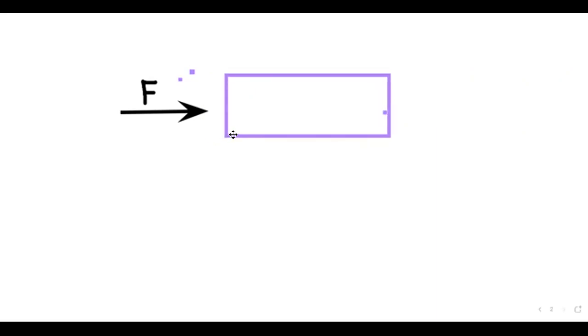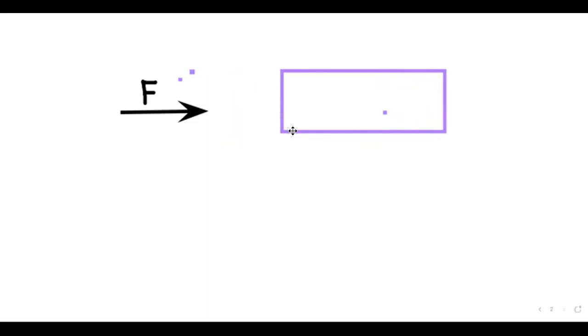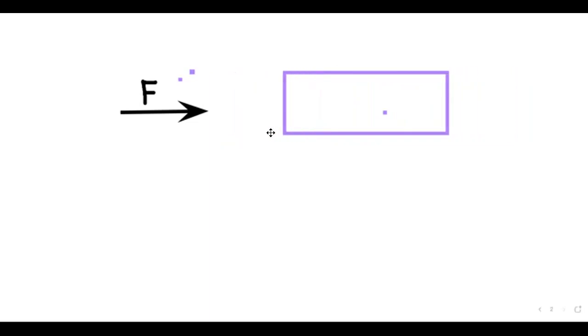When force is applied on it, there is a change in velocity of the object. When velocity changes, we know that change in velocity with time is called acceleration. So we can say when force is applied on it, acceleration is produced in this object.